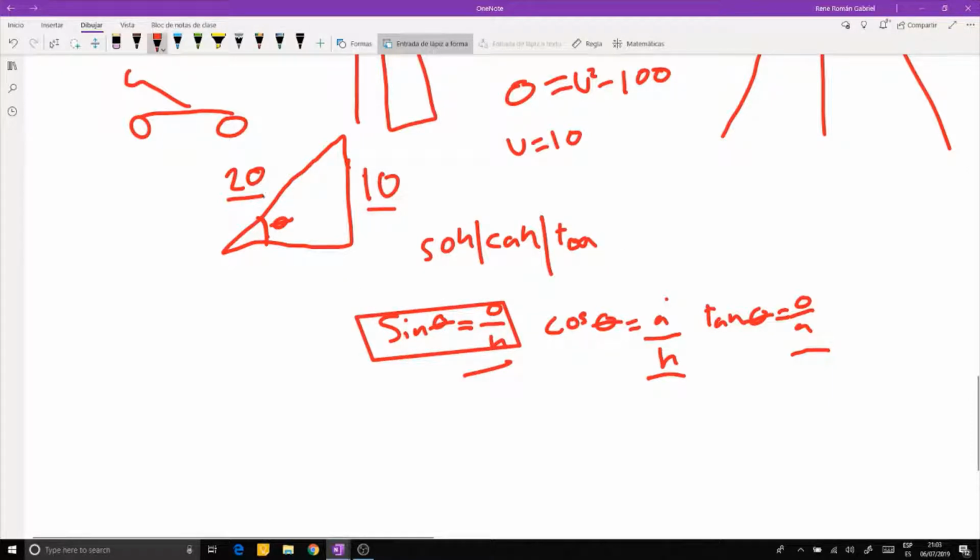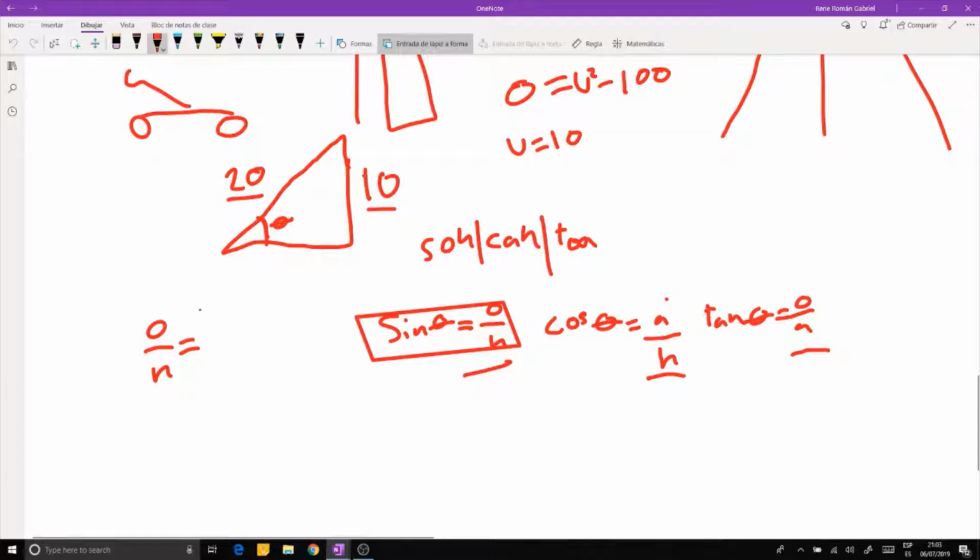Normally we would move things around to figure out the opposite or hypotenuse. But here we're going to figure out theta, the angle. So opposite over hypotenuse would equal sine of theta, but to figure it out, we're going to use opposite and hypotenuse with arc sine.